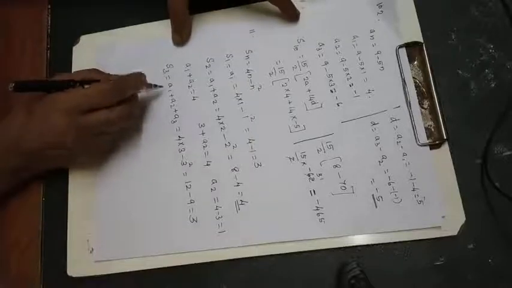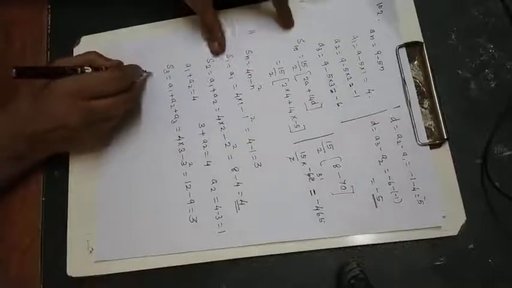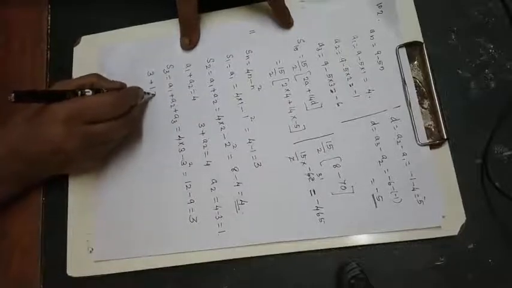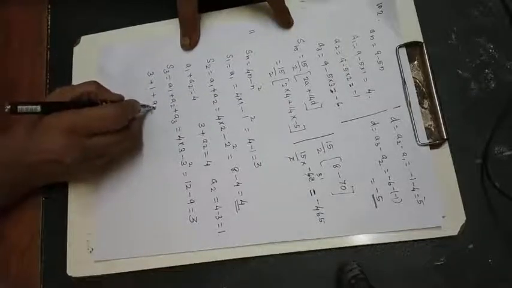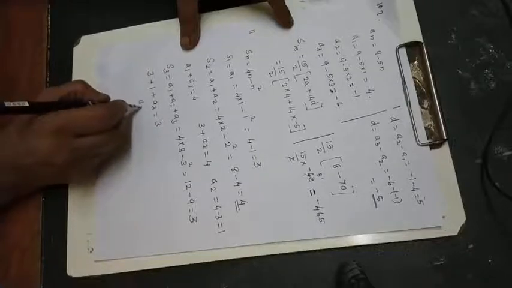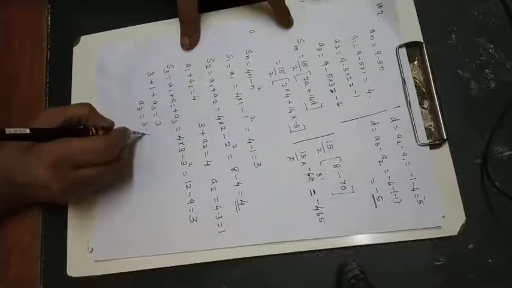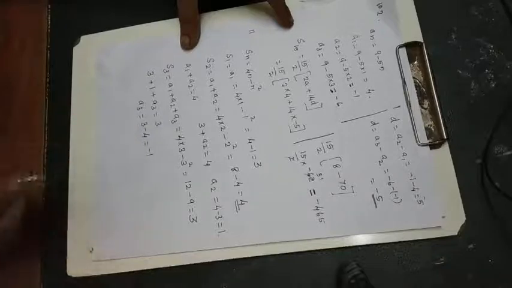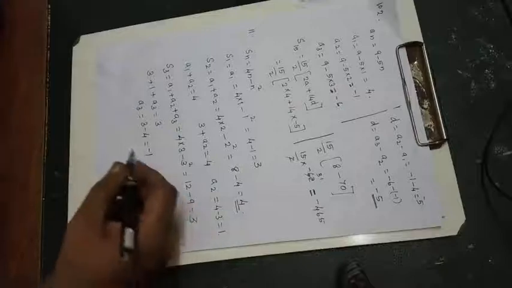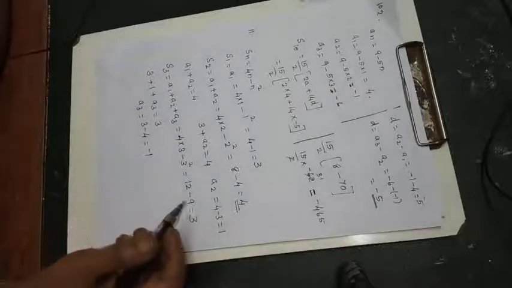So A1 is equal to 3, A2 is equal to 1, plus A3 equal to 3. So what will be A3? A3 is equal to 3 minus 4, that is equal to negative 1. Okay. Now A3 you got negative 1.